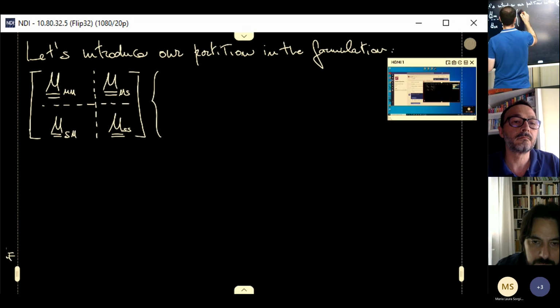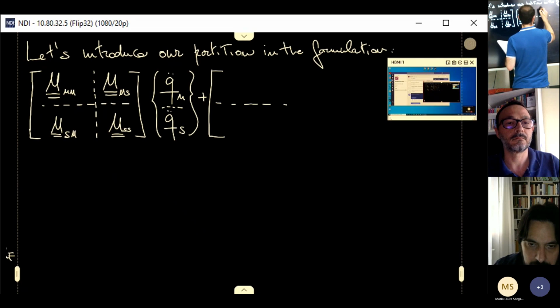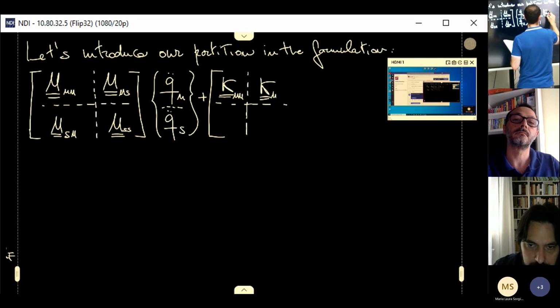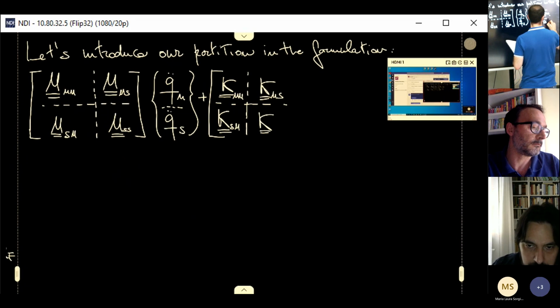Then we have QM double dot, in the time domain, plus the same thing for the stiffness matrix: KMM, KMS, KSM, and KSS.